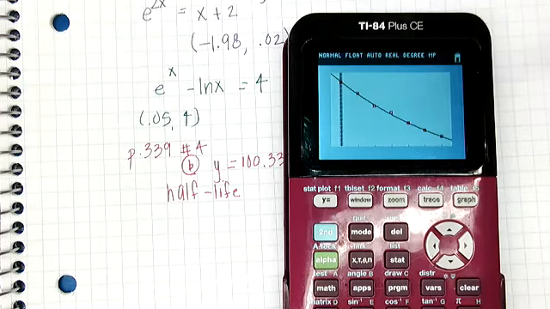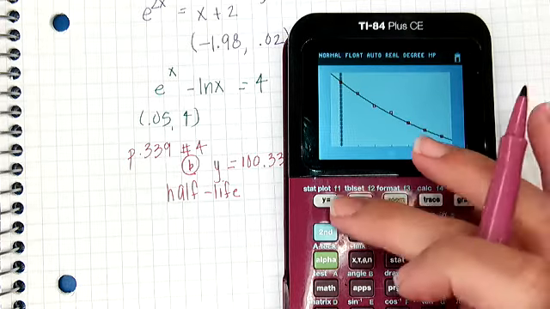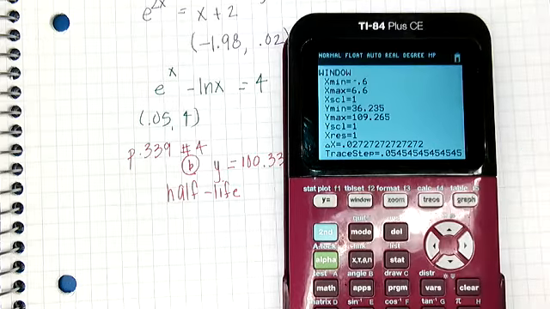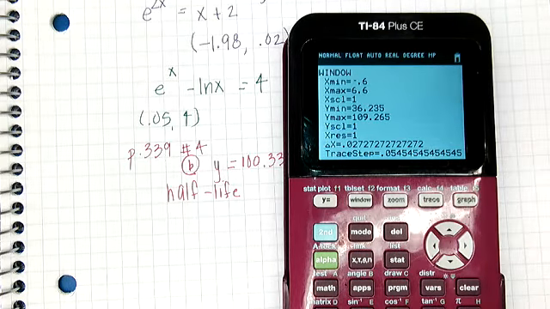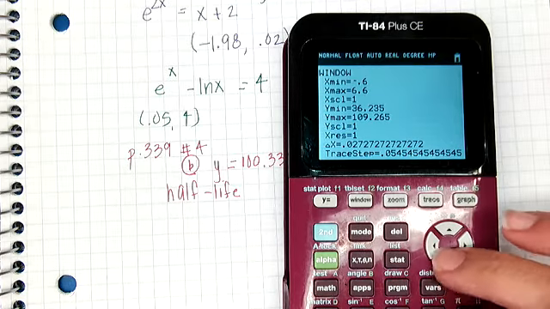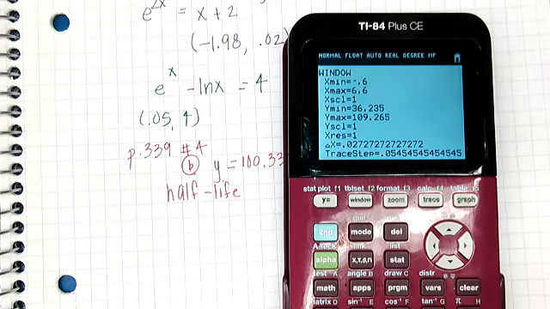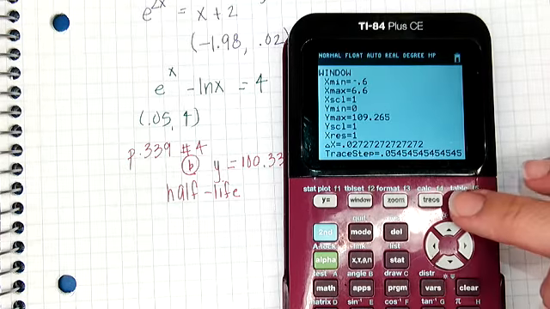And you look, 20 doesn't even show up on my screen. So, let's take a look at this. If you look at your window, the Y minimum is 36. If I want to know when Y is going to be 20, so let's make our minimum 0.